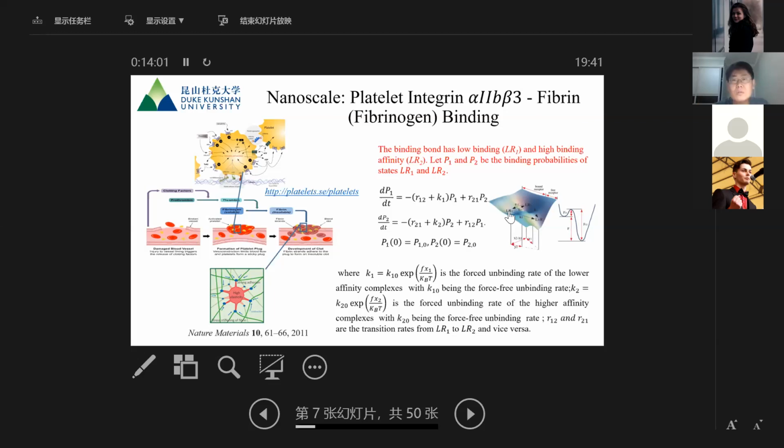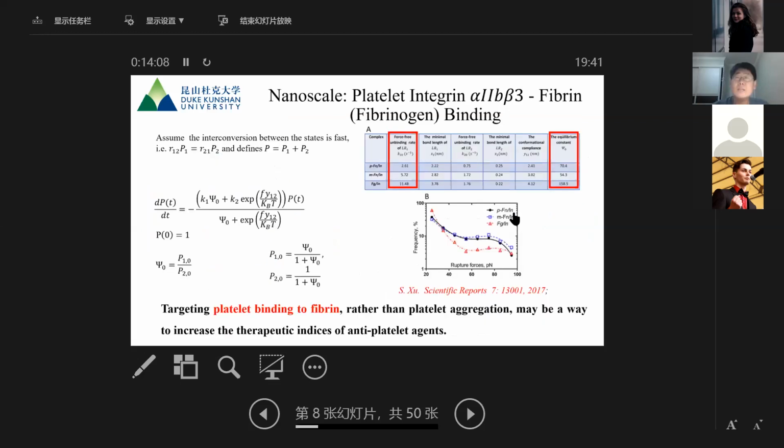So there are about 8 parameters in the model. Now I do some model simplification. We assume that the interconversion between these two states is very fast, and that P is the total survival probability of these two states. I do not distinguish the two states, just sum them up.